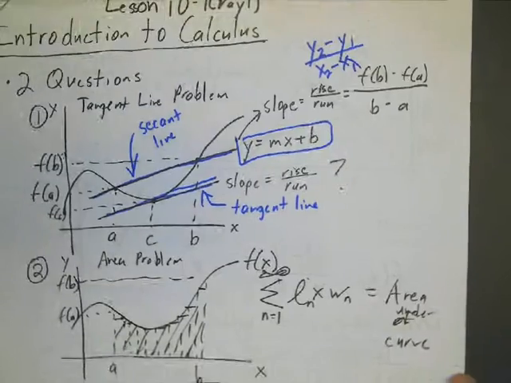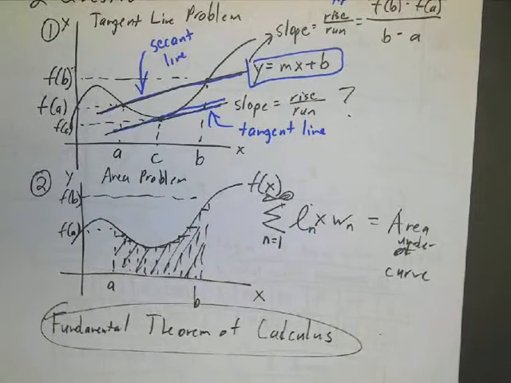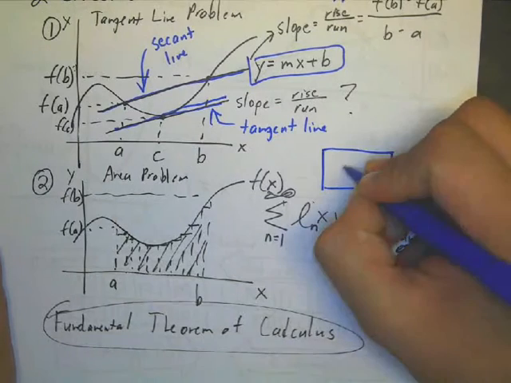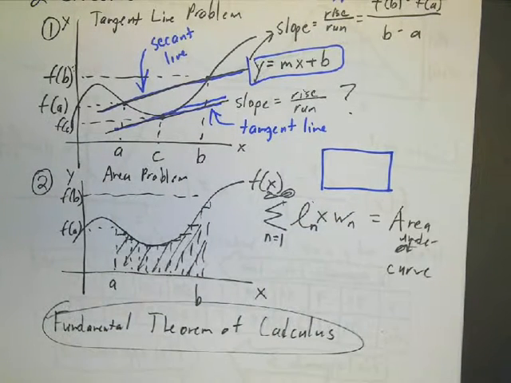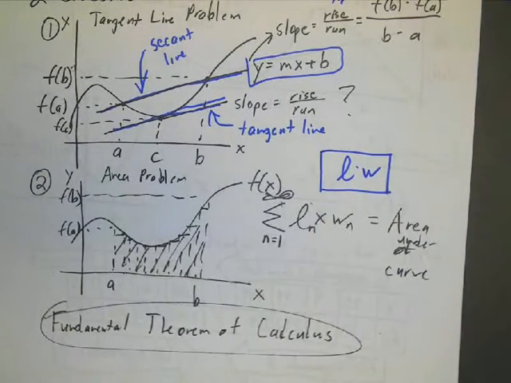The second problem is what is called the area problem, right? Now, we all know from Miss Tang's class when she was here, what is the area of a rectangle? Length times width. Duh. Here's the problem that mathematicians struggle with.